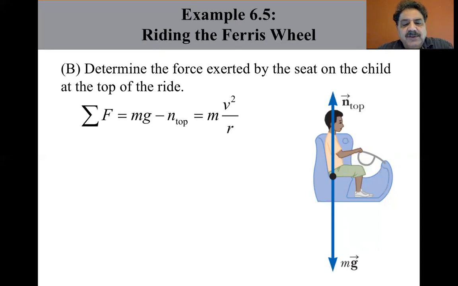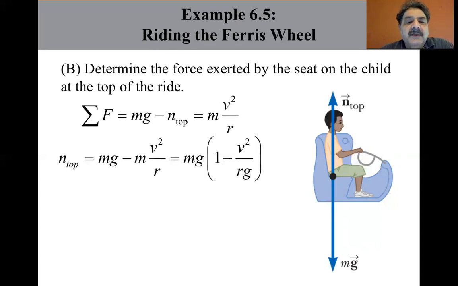So we apply Newton's second law to the child at this position. The sum of the forces, mg minus n top, is equal to mass times acceleration. Solve for the force exerted by the seat on the child. N top equals mg minus m v squared over r. And we do the same trick with adding a g to the denominator of the v squared over r.